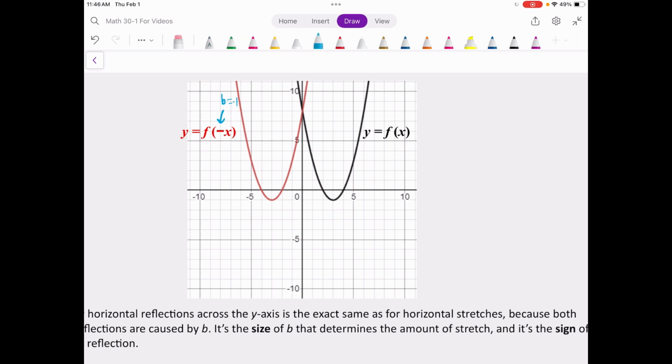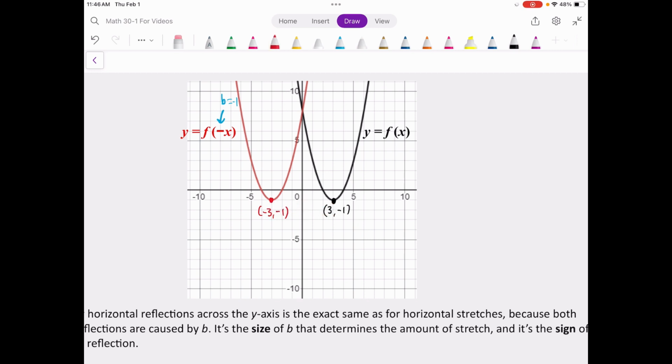For example, this point is at, what's that, 3, -1? And if we look over here at this parabola's vertex, the reflected or transformed parabola, it's now at -3, -1. So what happened to the x? It got multiplied by -1. +3 became -3. And what's the result? It gets mirrored across the y-axis.